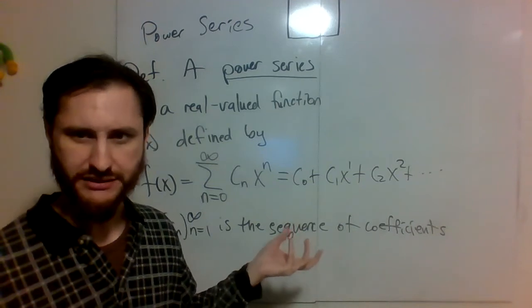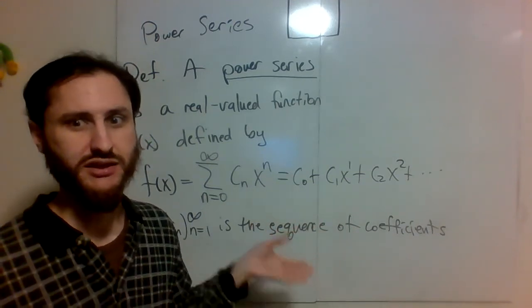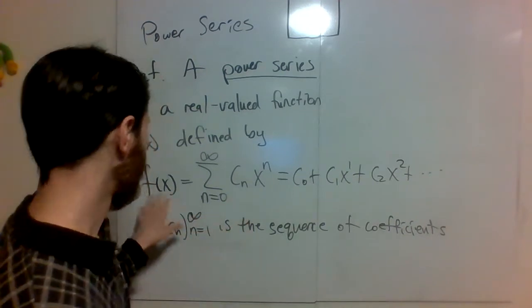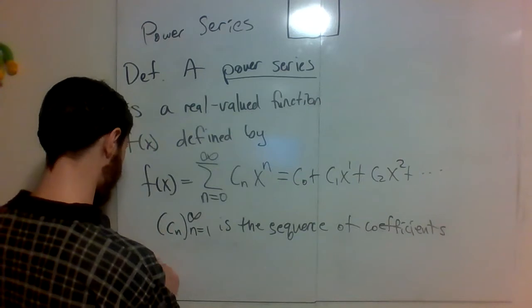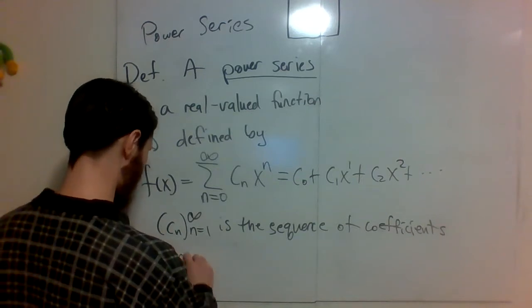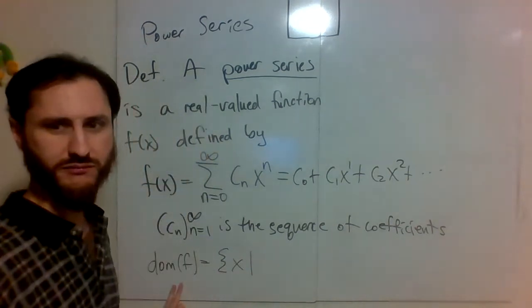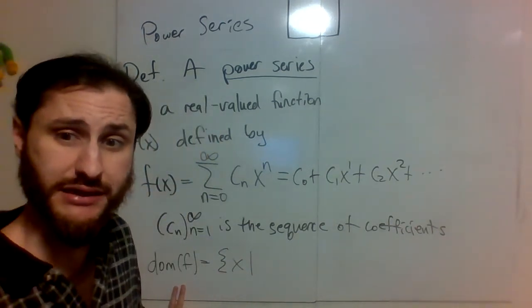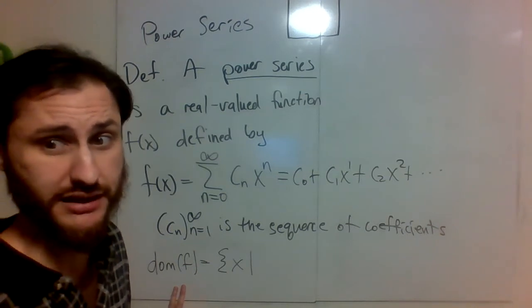But we know with series, a series could potentially diverge, which is not good. So the domain of any such power series: anytime you have a function defined by a power series, the domain of that function is only the values where the thing actually converges.